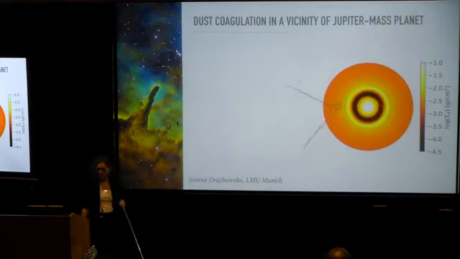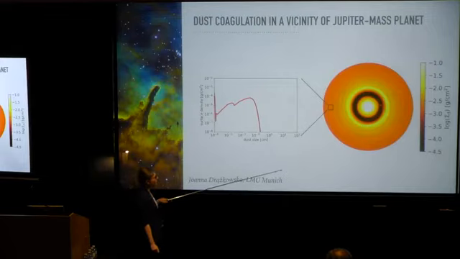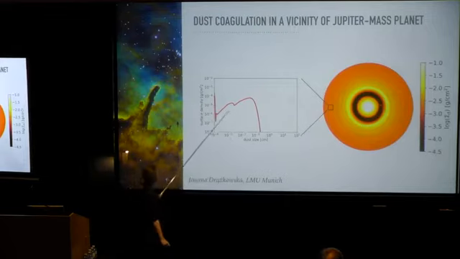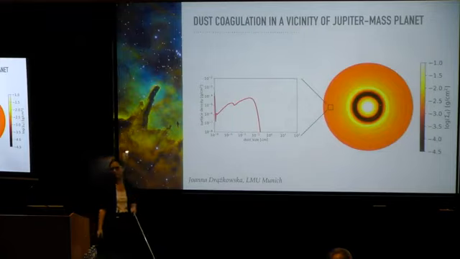Then we can also look at some other regions further away from the planet, and since this was at a pretty early stage of the simulation, the dust here didn't manage yet to grow until the fragmentation barrier, so our size distribution looks a little bit different.